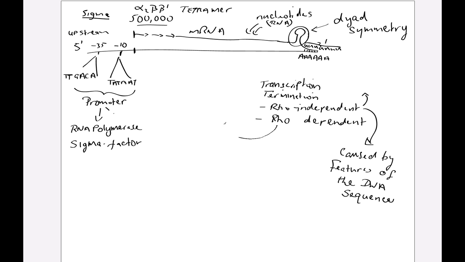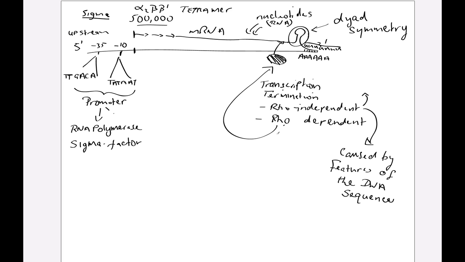Alternatively, rho-dependent termination is caused by an additional protein that is employed, and this protein binds to the messenger RNA itself, and it causes the whole complex to destabilize.